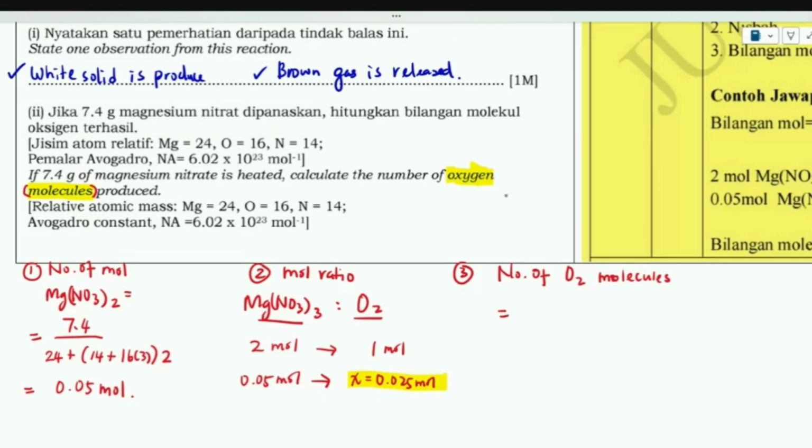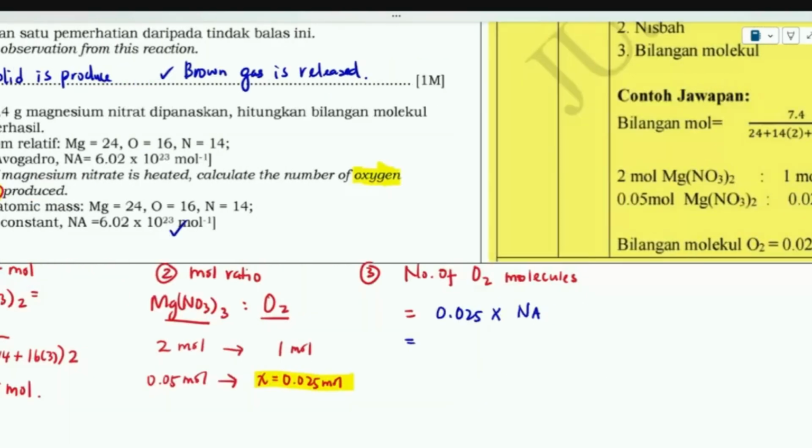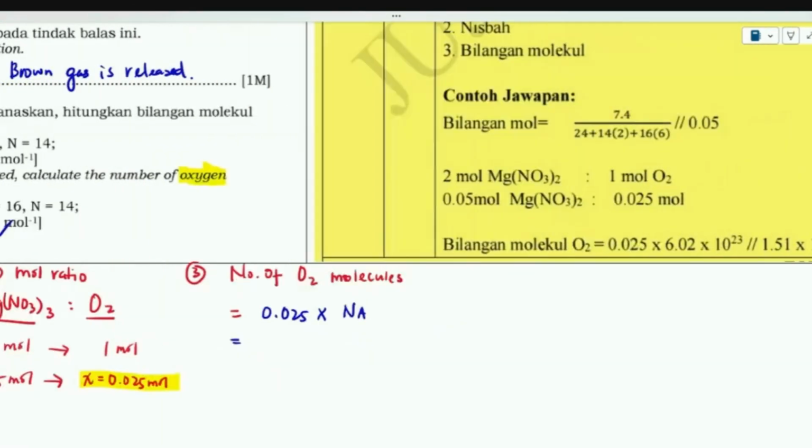Molecules, so 0.025 times, the particles, right? So times Na. So you will get 1.505 times 10 power 23. Yeah, most likely correct.